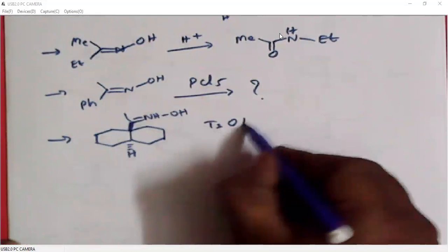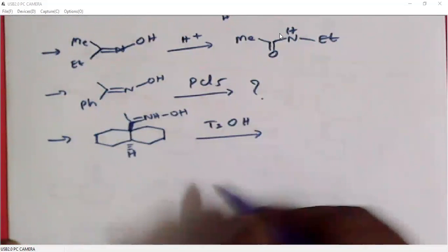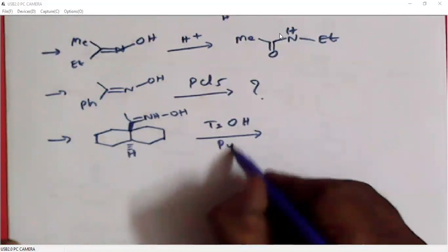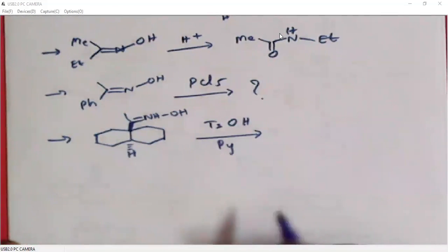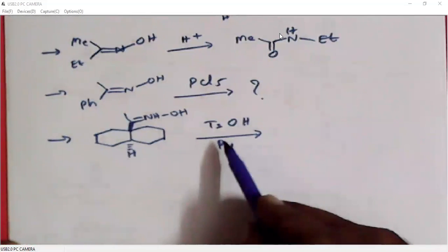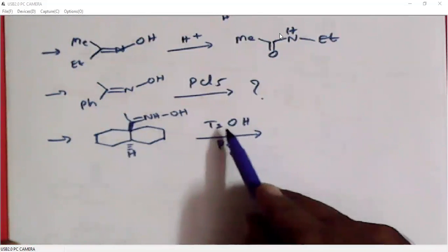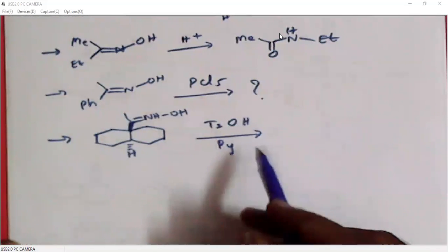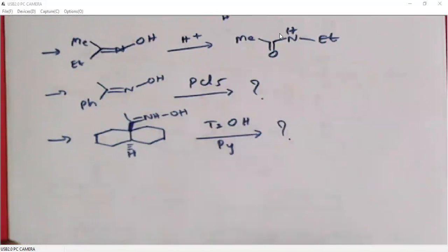We can also convert this hydroxy into a leaving group. OTs is a good leaving group. So after alkyl migration, you write the product.